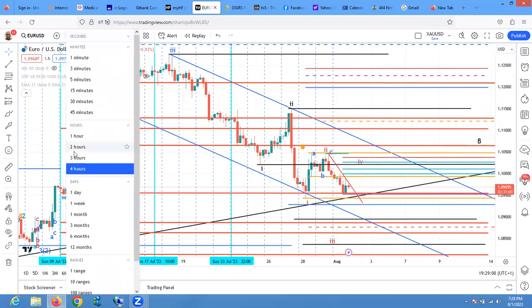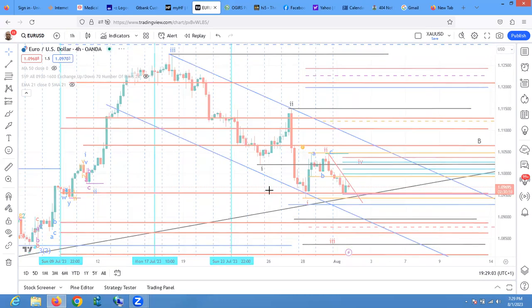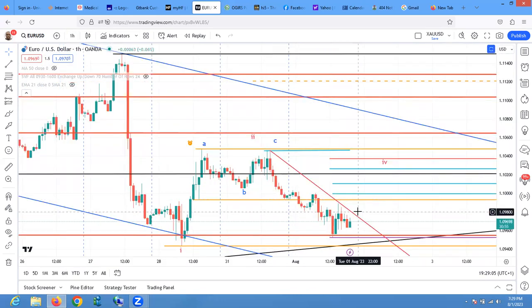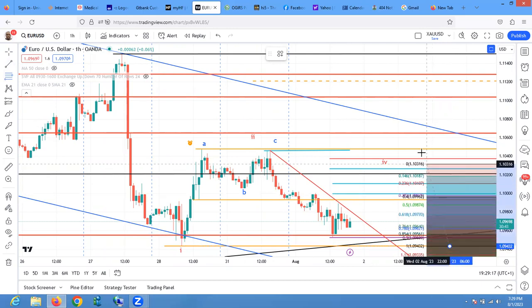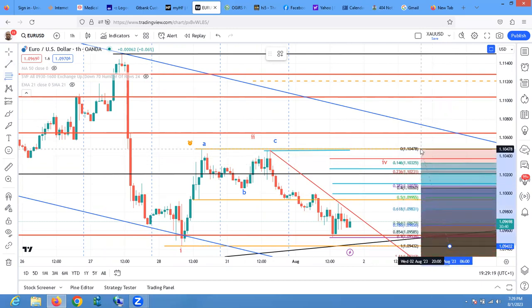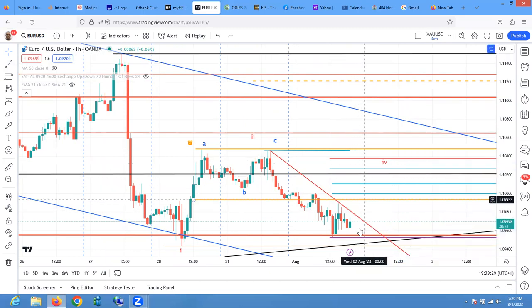If I go inside of a 1 hour, the correction so far that we can see here is a 90. So if this is a 90, and this one breaks to the upside, we should be looking for at least a 61.8 before we come down.